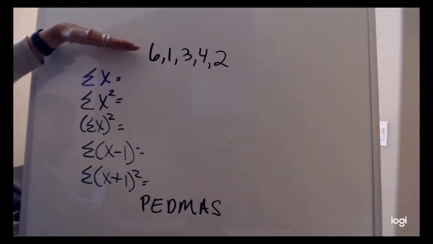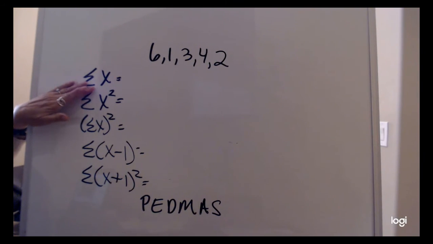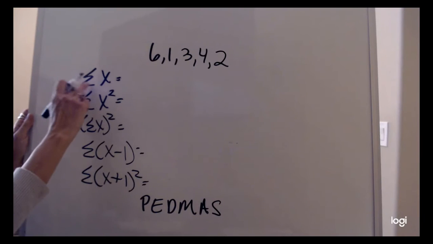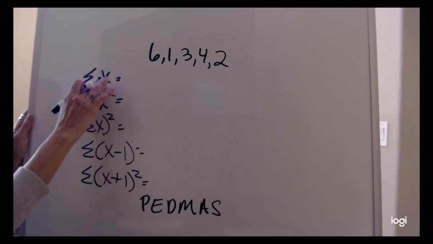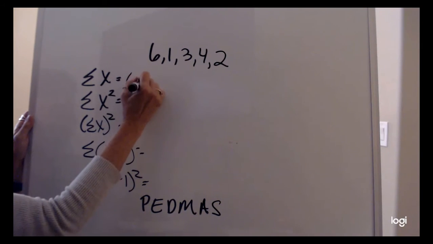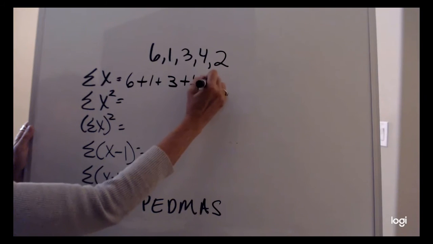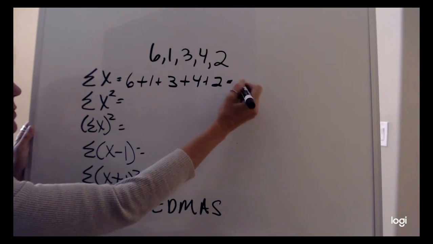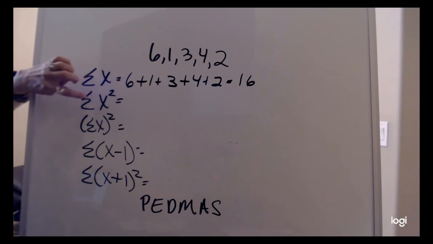We have our numbers at the top, 6, 1, 3, 4, 2, and the first direction is to sum up the scores. Sigma means sum up, and what comes after it is what we need to sum up, the scores. So here we go. 6 plus 1 plus 3 plus 4 plus 2 is equal to 16. Next, we're being asked to sum up the squared scores.